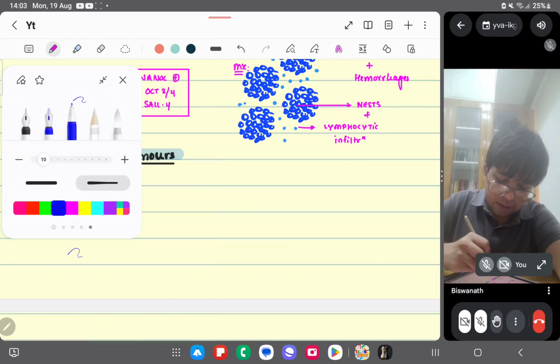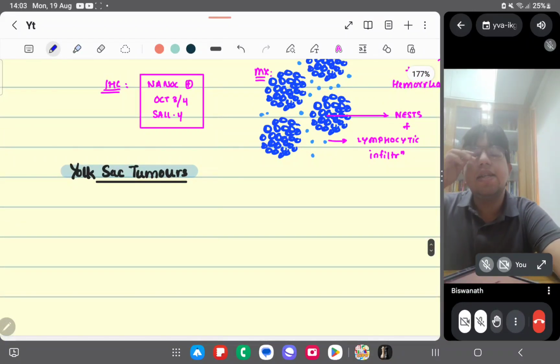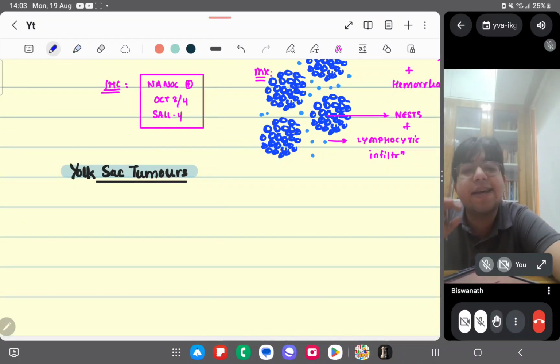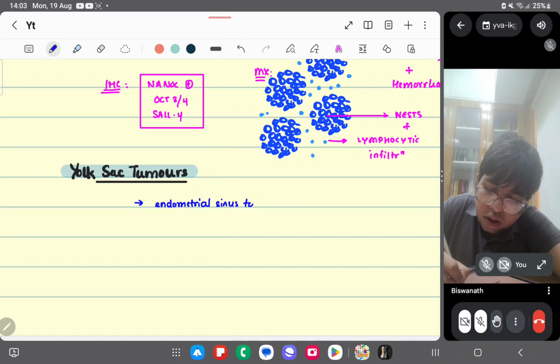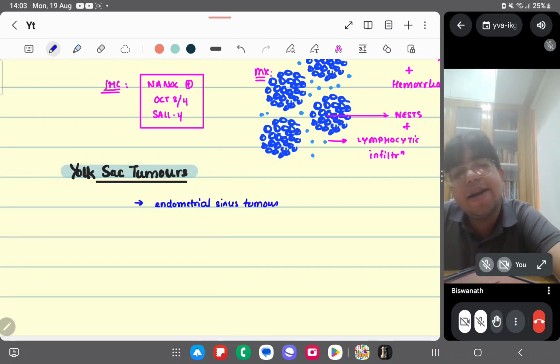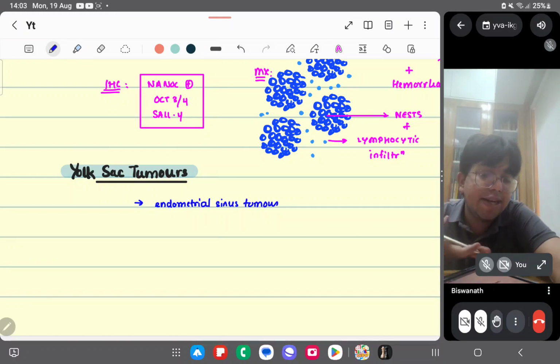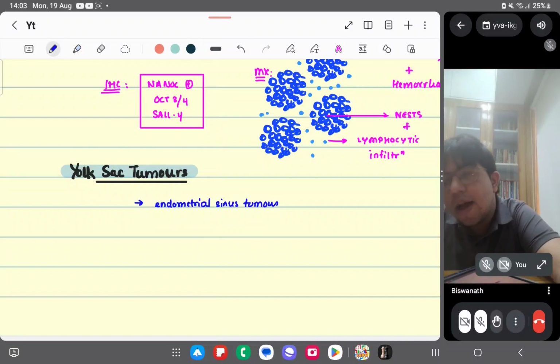So in yolk sac tumor, the first thing which you have to understand is it is an endodermal sinus tumor. In the distended areas, it opens the sinuses of the endometrium.